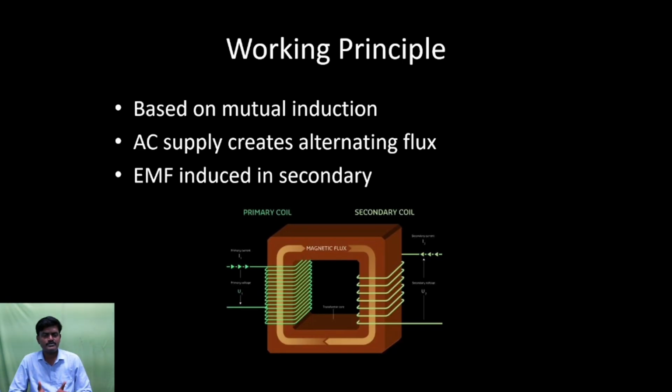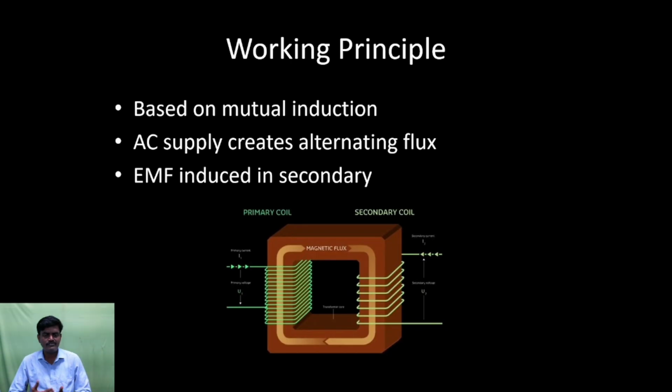And sometimes hysteresis losses occur. Each and every time the direction of the flux changes, because of the nature of alternating current, it changes its direction. If the current direction in the conductor changes, the flux polarity, the magnetic field polarity, also changes.